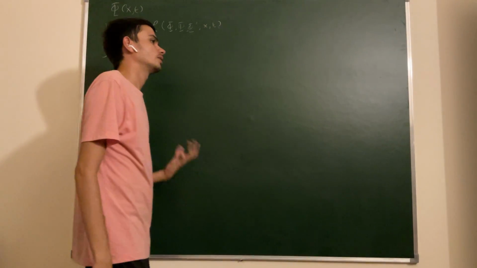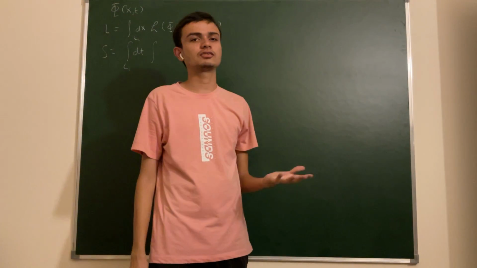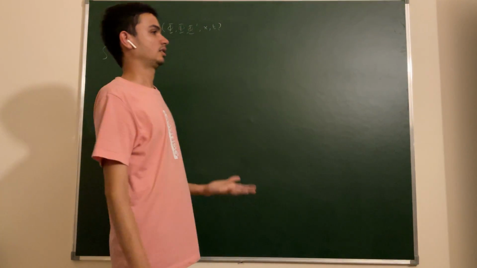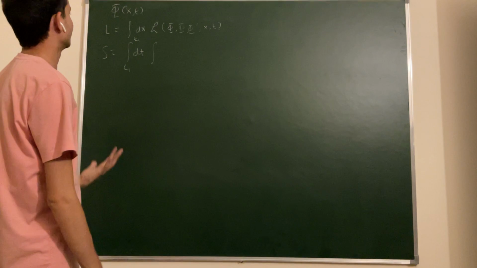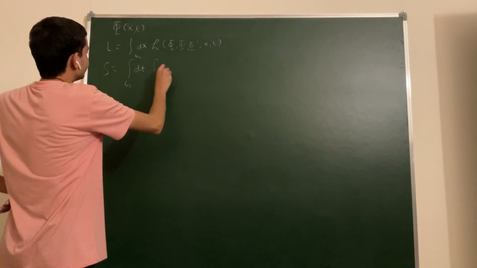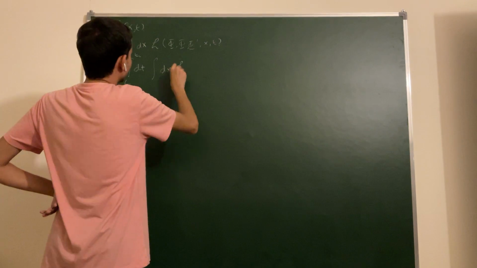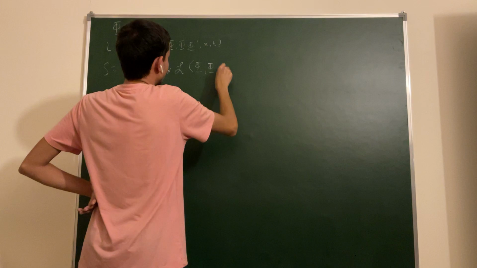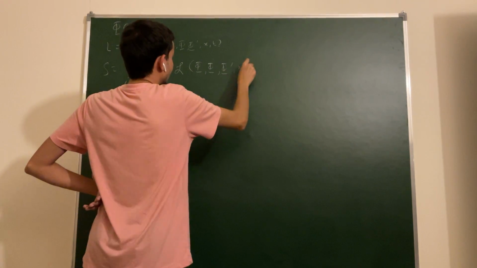Now this statement also gives rise to the question of whether there is convergence of the integral or not. It should be convergent most of the time, but sometimes there are things that happen. So that is dx, with the Lagrangian density of phi dot, phi dash, x and t.